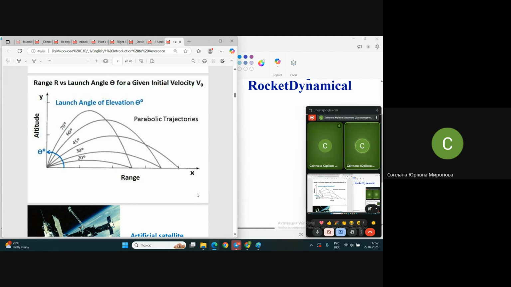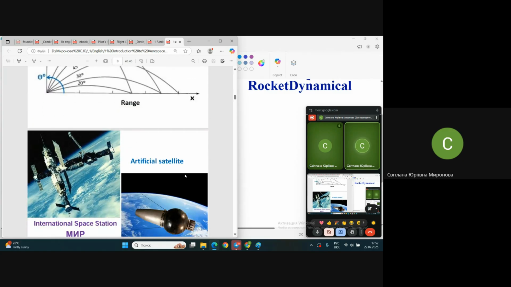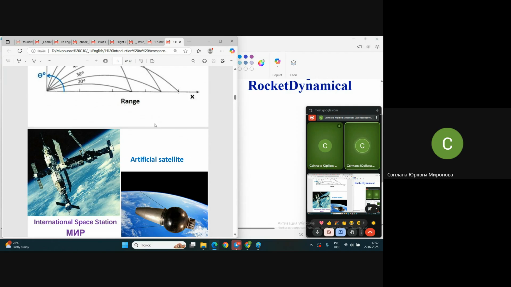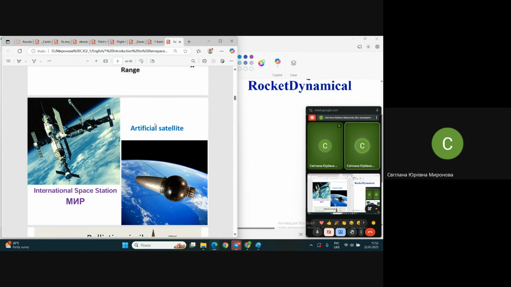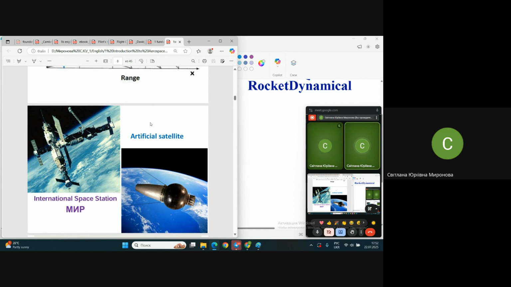What type of aircraft realizes this ballistic principle in a clean way? Actually, in a clean way, we might say that it's only about the satellites.